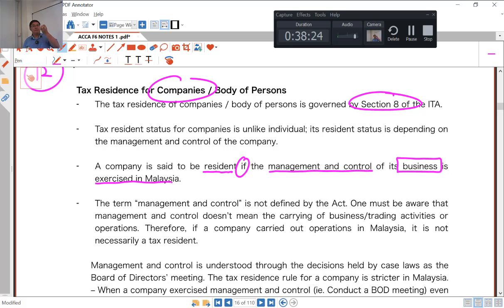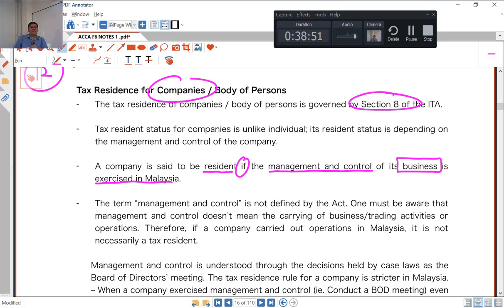In fact, we have a special status in tax called investment holding company. This is a company whose objective is only holding investment. For example, they only buy shares, they have property, they have no business. So if you say that resident is when the management control of the business is exercised in Malaysia, then if the company has no business, how?